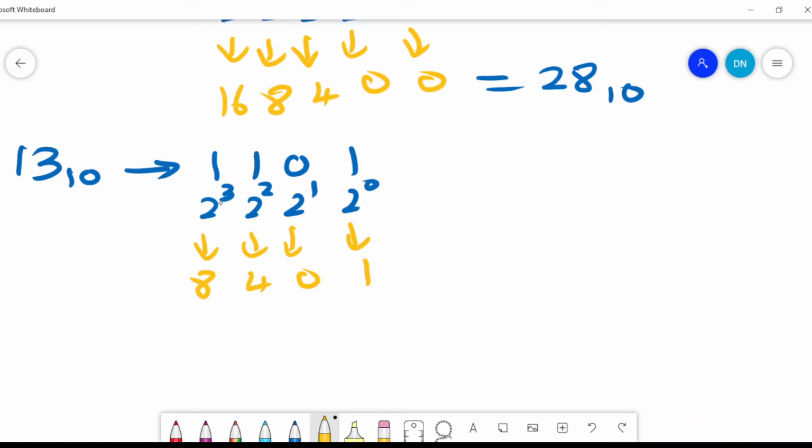Because it's 2 to power 3 times 1. 2 to power 3 is 8, 8 times 1 is 8. 2 to power 2 is 4, 4 times 1 is 4. 2 to power 0 is 1, 1 times 1 is 1. And when you look at this, it becomes 13 to base 10, which is also equal to 1101 to base 2, which is our binary number.